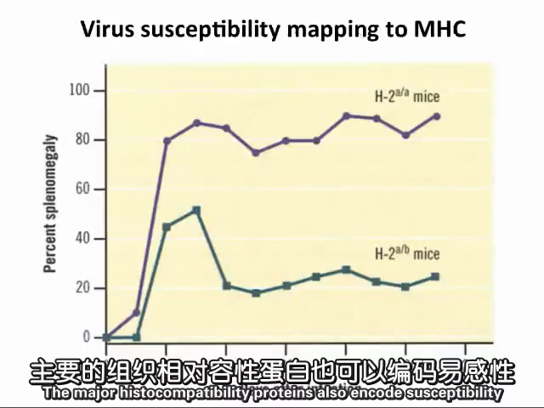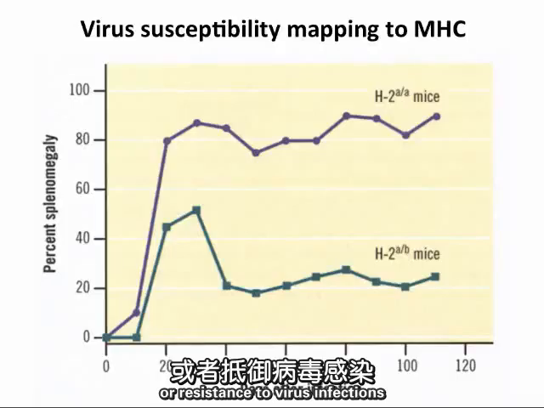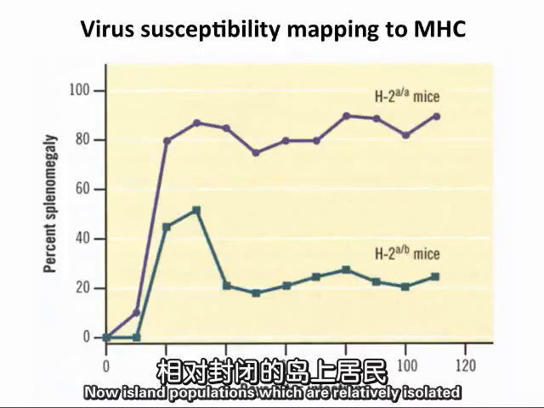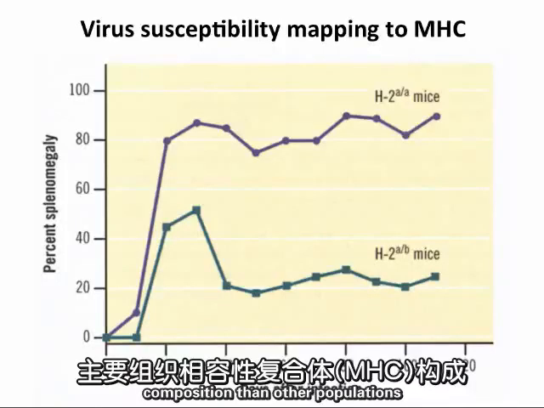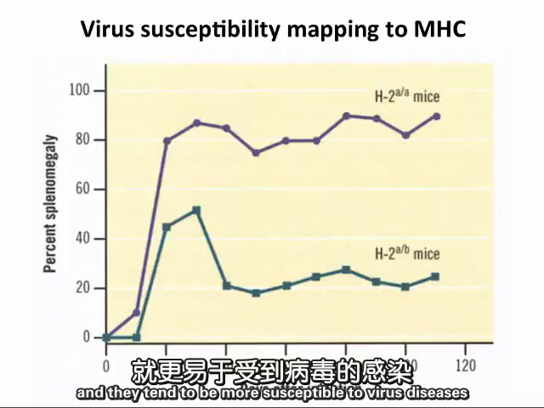The major histocompatibility proteins also encode susceptibility or resistance to virus infections. Now, island populations, which are relatively isolated, tend to have a less broad MHC composition than other populations, and they tend to be more susceptible to virus diseases.